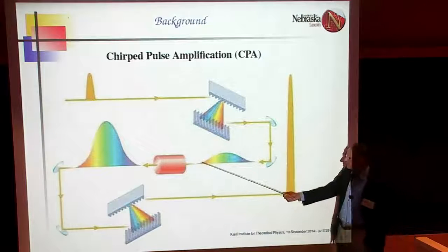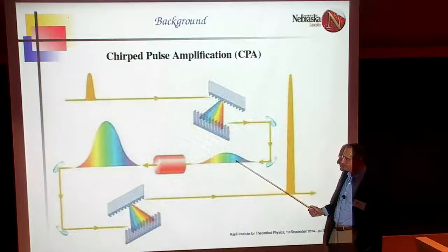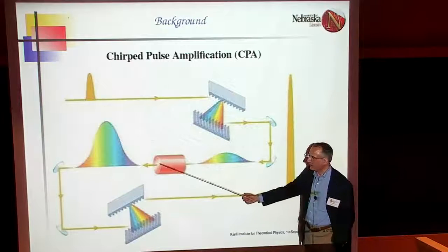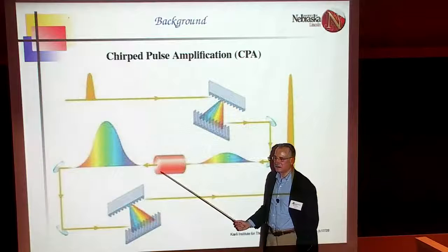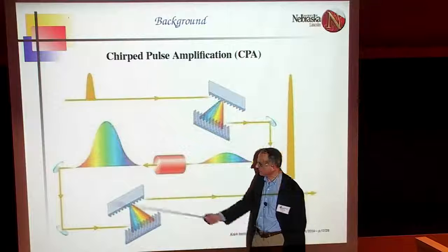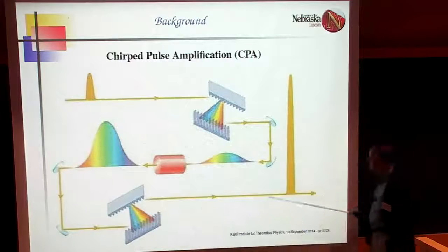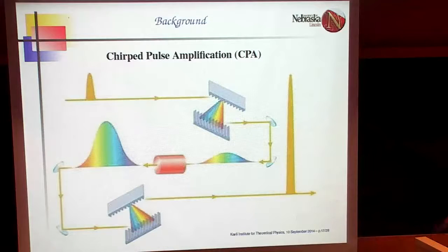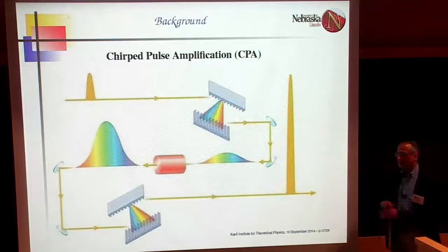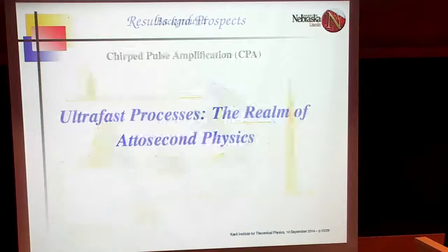So now the yellows and the reds enter your amplifier at a different time from the blues and the violets, and the amplifier doesn't get destroyed. You amplify every color, and then you do the reverse process of putting the colors together back into this enormous pulse. So chirped pulse amplification allowed laser light to become more intense.